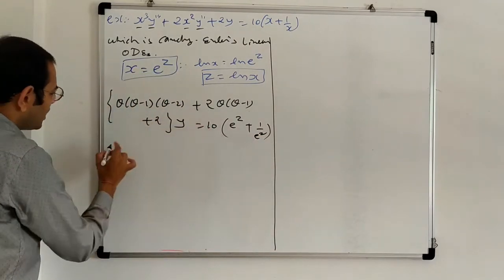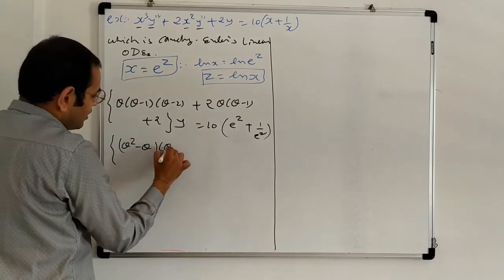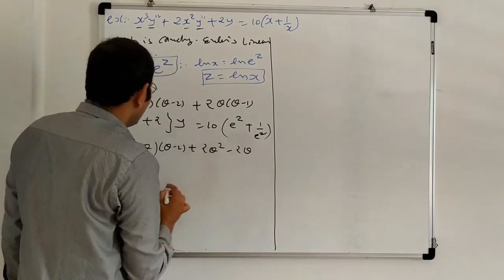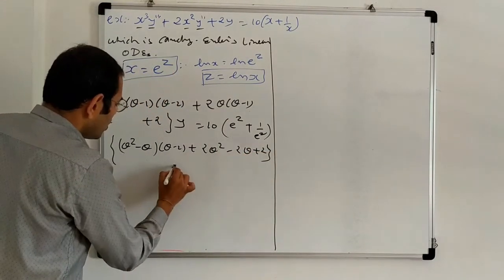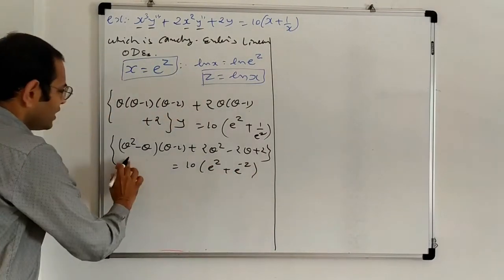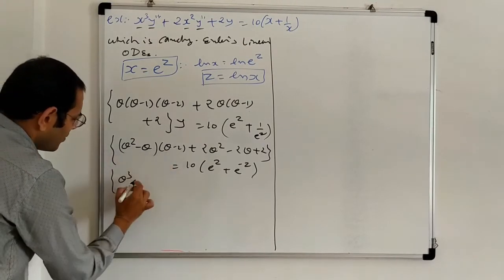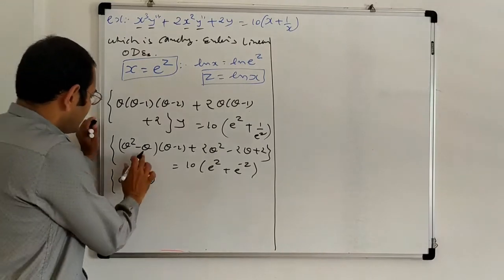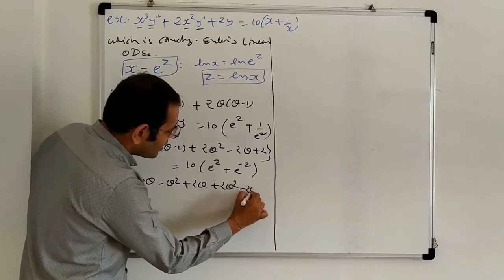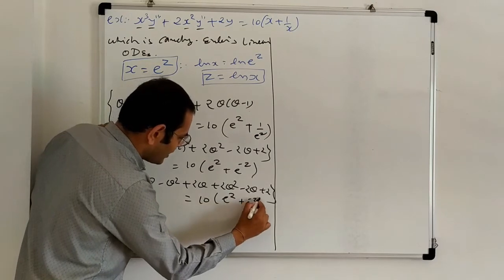Now expand this term. So first of all, theta square minus theta minus 2 plus 2 theta square minus 2 theta plus 2 equal to 10 e raised to z plus e raised to minus z. Again expand this bracket, then we get theta cube minus 2 theta minus theta square plus 2 theta plus 2 theta square minus 2 theta plus 2 equal to 10 e raised to z plus e raised to minus z.